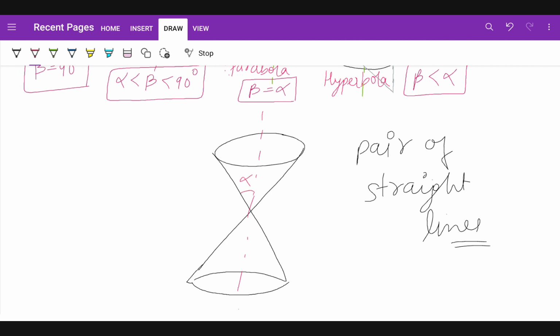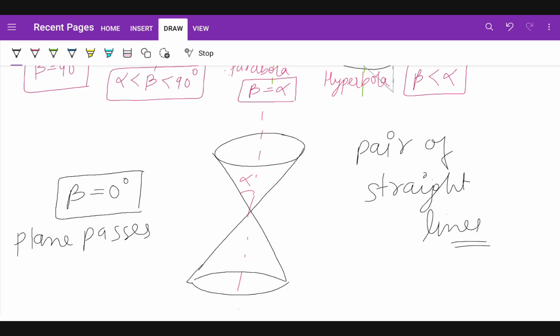This is alpha. Now the plane here, beta equals 0 degrees, and the plane passes through the center, cutting both the cones in equal halves.